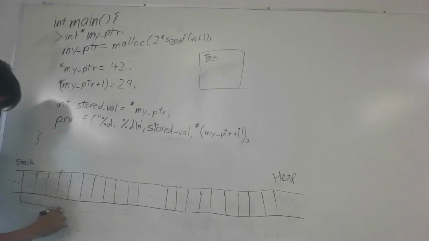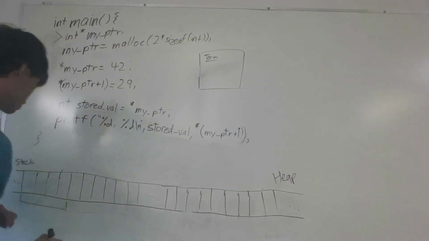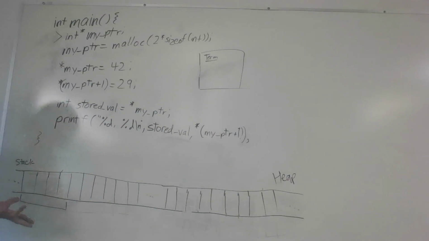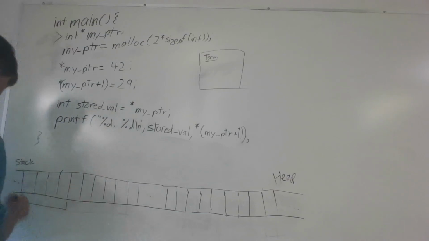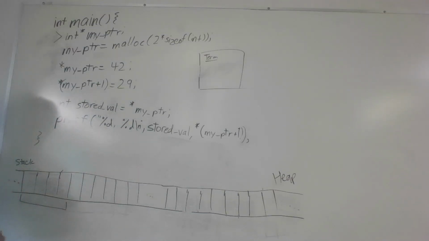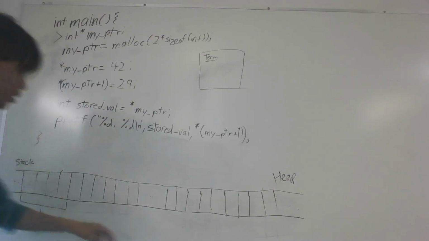This is true on 32-bit machines. They can also be 8 bytes on 64-bit machines, but for simplicity, we will say that pointers are 4 bytes. So we're clustering off this portion of the stack for my_pointer. That's what that line does.